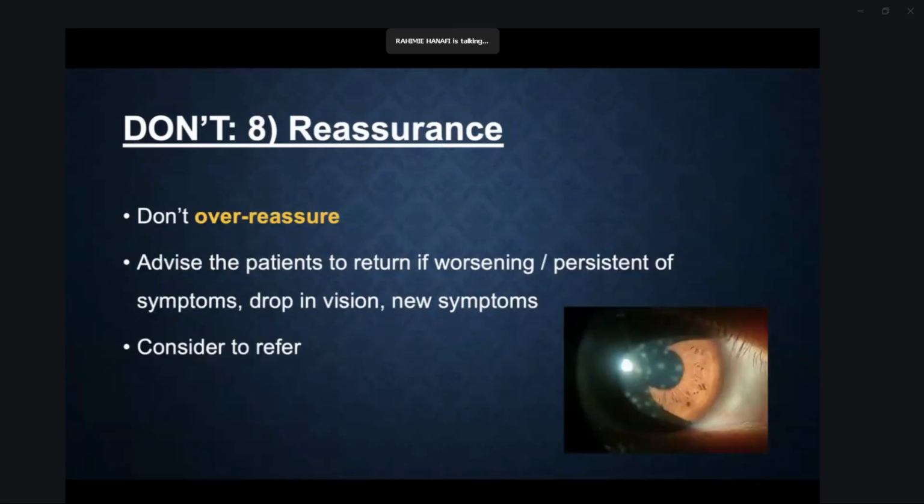Then for reassurance, do not over reassure without any safety netting. You have to advise the patient to return, especially if symptoms are worsening, not resolving, persistent, or any drop in vision or there are new symptoms. For example, a patient with conjunctivitis or bacterial conjunctivitis may heal after one or two weeks, but subsequently the patient tells you they have blurring of vision, they have glare.